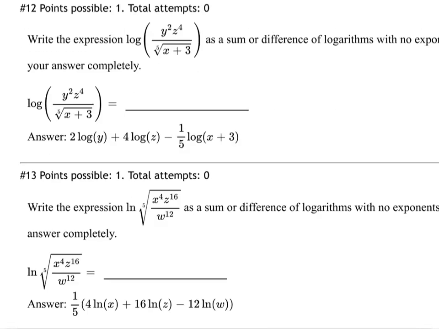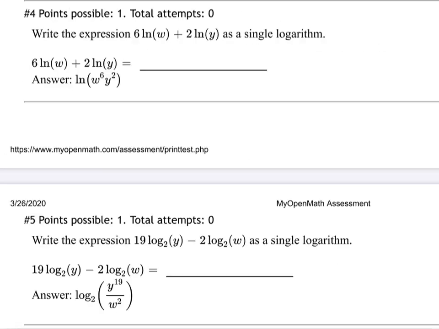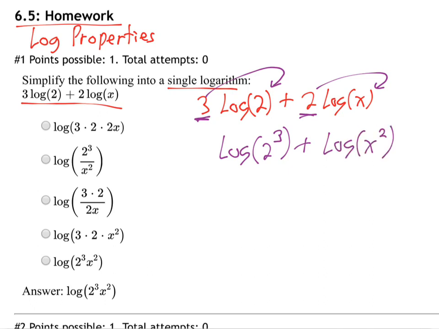Let's look back at the properties. The numbers in the front go back up to the power, don't they? So this goes up to the power, and this goes up to the power. So it becomes the log of 2 to the 3rd plus the log of x to the 2nd.